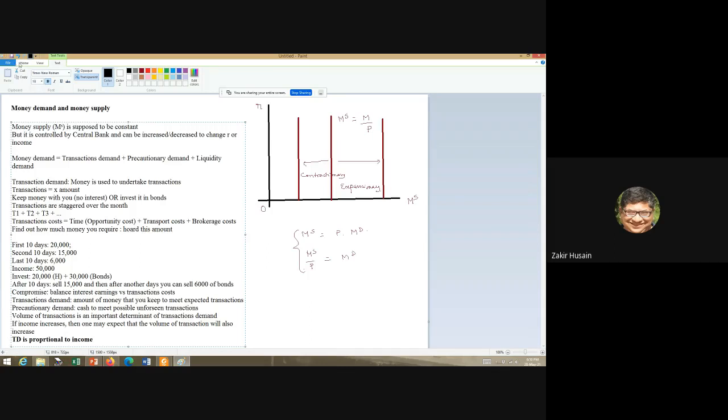We can also say the same thing for precautionary demand. So, transaction demand and precautionary demand can be written in this form.